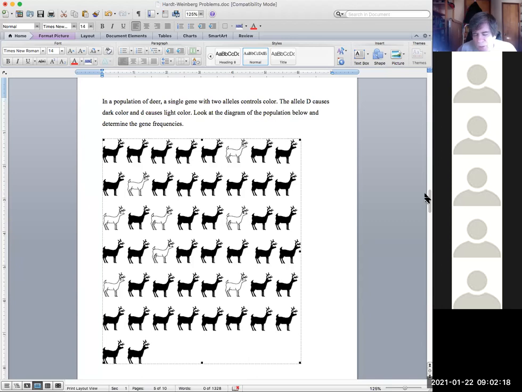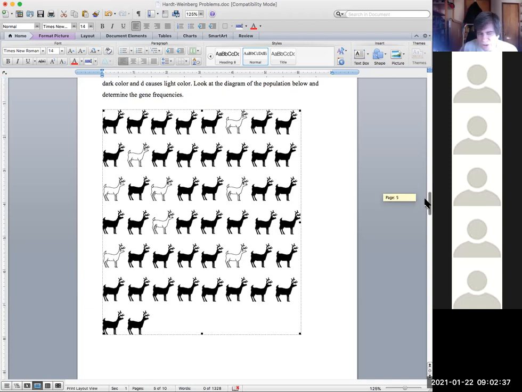Keep in mind what I said yesterday: in these cases, we're actually having to count the numbers to show what the frequency of the dark phenotype and the light phenotype is. But a lot of times those will be given to us in the problem, and we won't have to count, we'll just get a frequency, or we might get a number, 200 people out of 280 people, something like that.